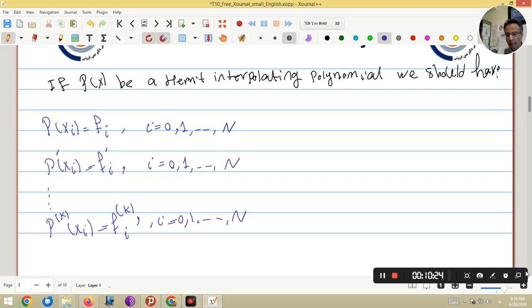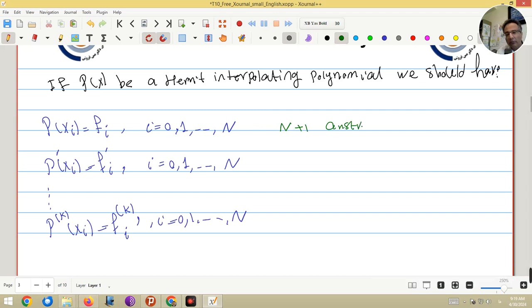Okay, from the first equality, in fact, we have n plus 1 constraints. Okay, and from the second one also we have n plus 1 constraints, and also for the last one we have n plus 1 constraints.